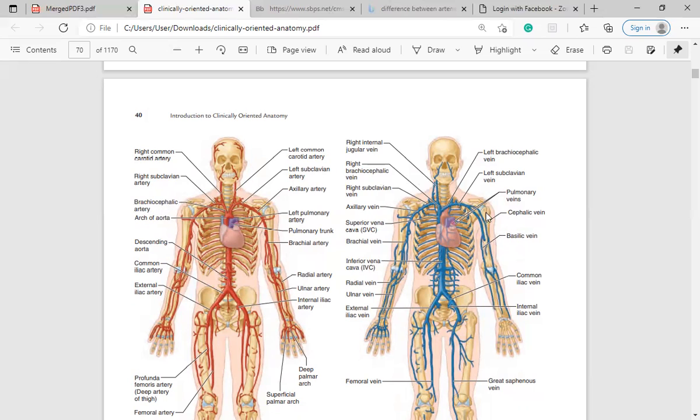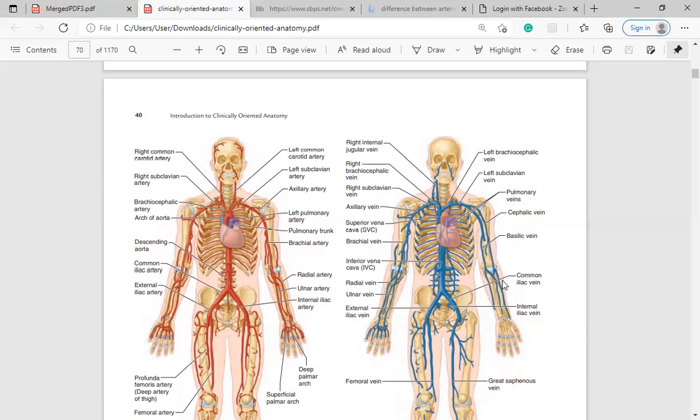But for the veins, you have some large veins that are the cephalic vein and the basilic vein. The cephalic vein, you see that it is draining this hand region here, and some of the vessels that came from the head, because cephalic means head.